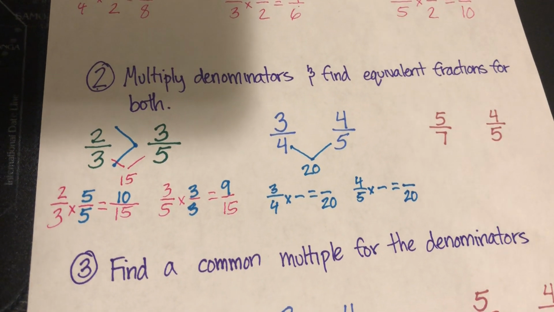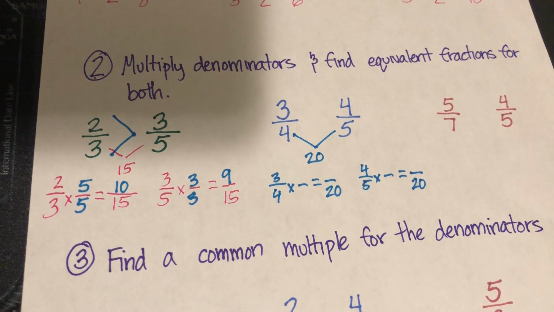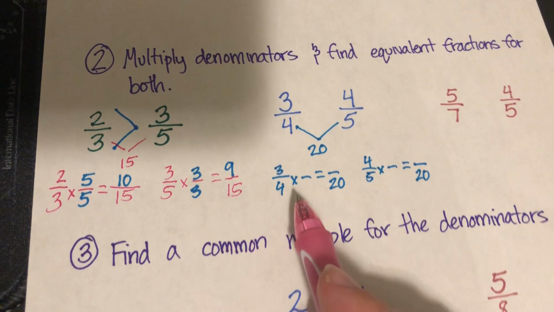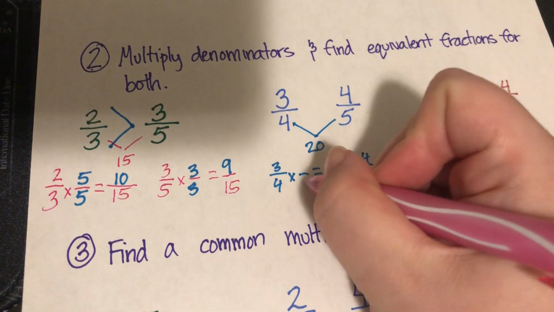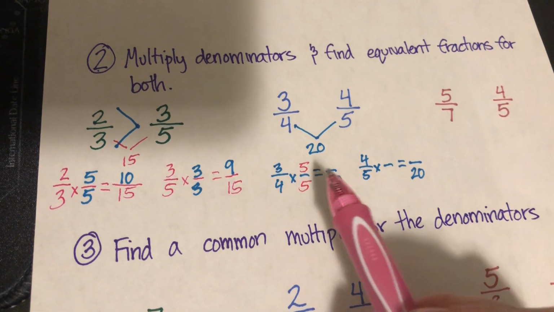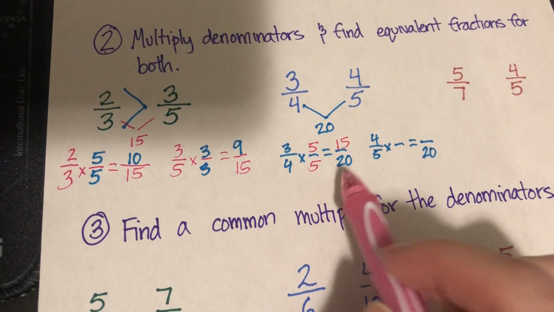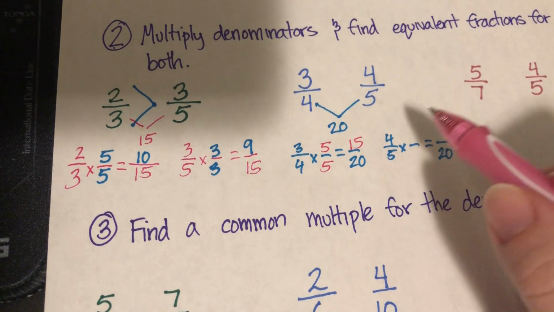I'm going to use a different pen now. Okay, so 3/4 to make something with a 20 on the denominator. 4 times what gives me 20? Well, that's 5. So that's going to be 5/5. 3 times 5 is 15. So 3/4 is equivalent to 15/20.